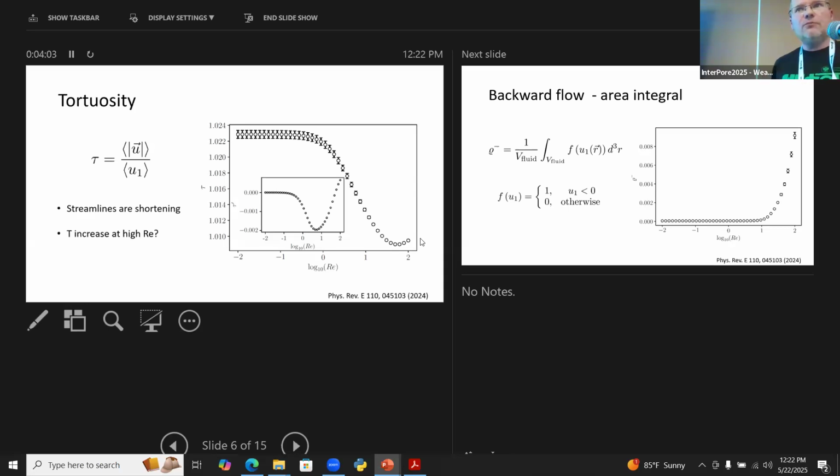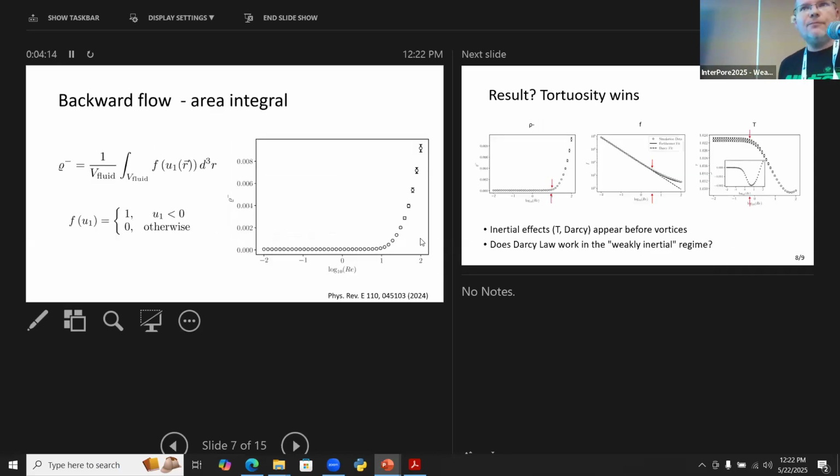But it turned out that by doing finite volumes, we got the same results. This is a highly porous medium, and this effect is very little. Then we computed a special integral that tells you what is the area of the flow which goes backwards.